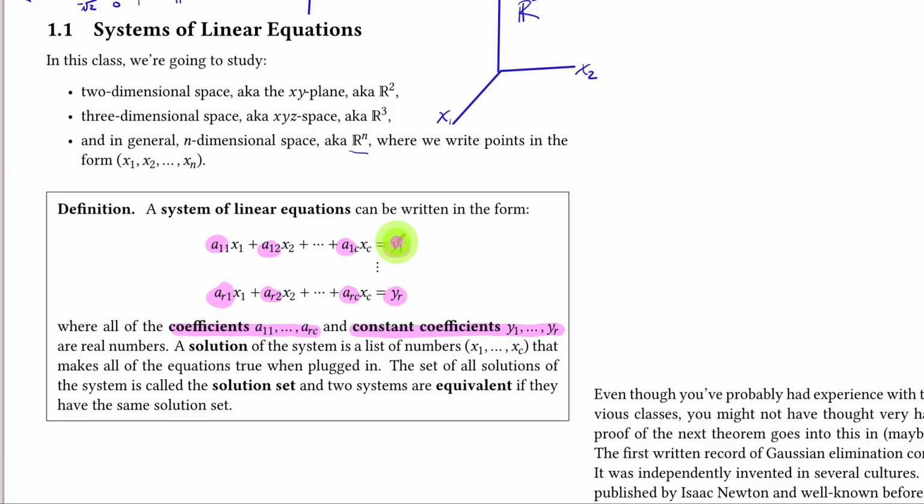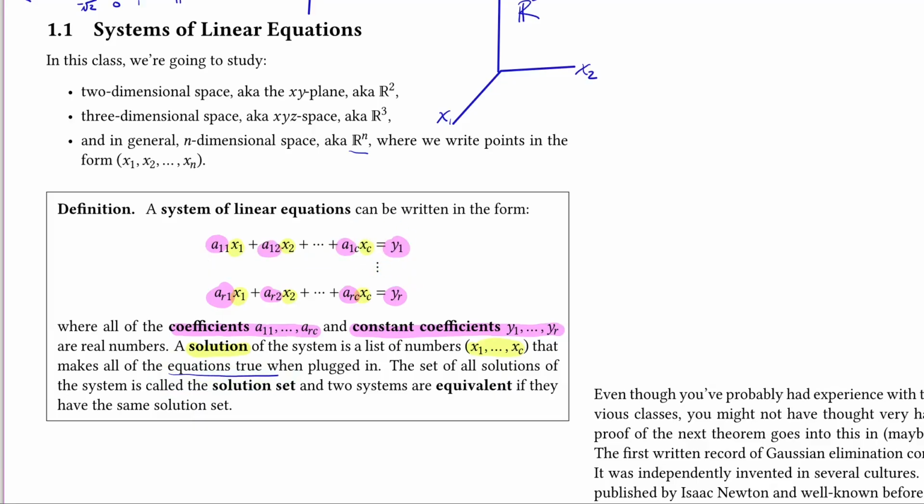So a solution of the system is a list of numbers x1 through xn that you can plug in here and makes all of the equations true. And what do I mean by making an equation true? It means like the left side is actually equal to the right side, which is what the equal sign means, right?